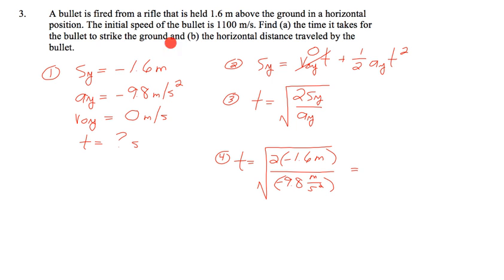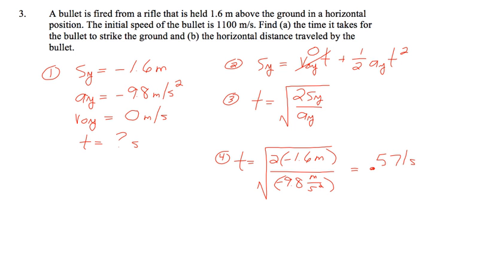Hopefully you would catch that mistake down here, because you wouldn't be able to take the square root of a negative number. If we work that out, we get 0.571 seconds. That would be the answer for part A.